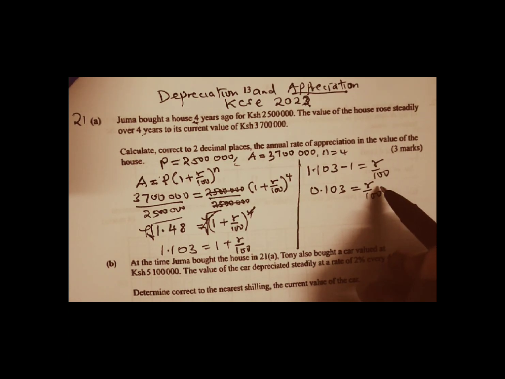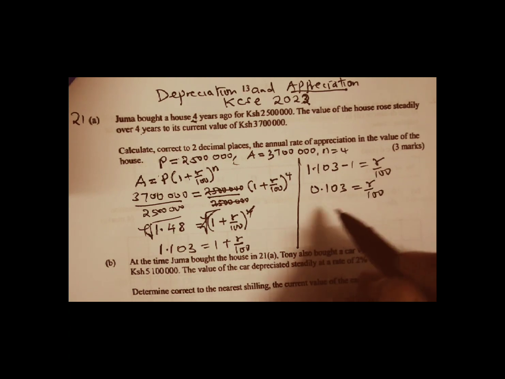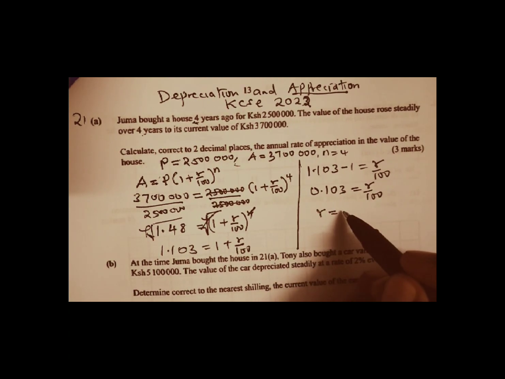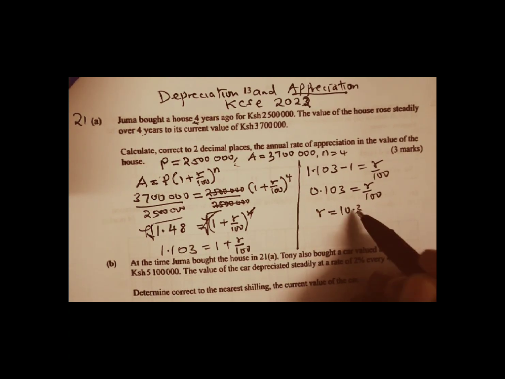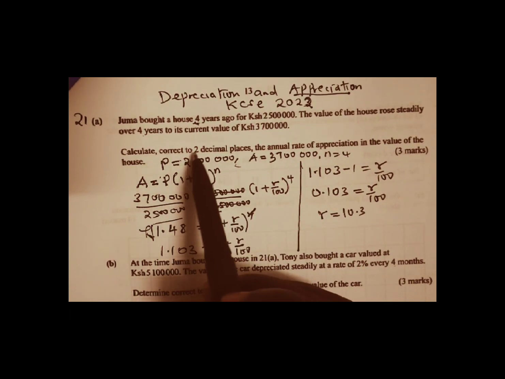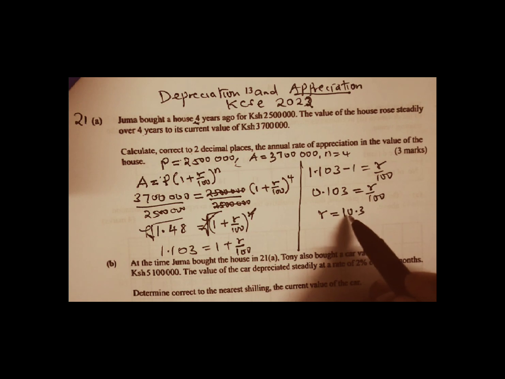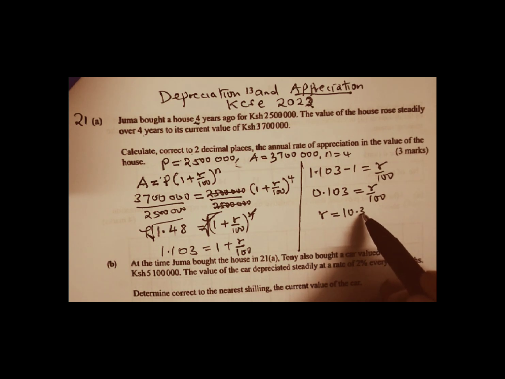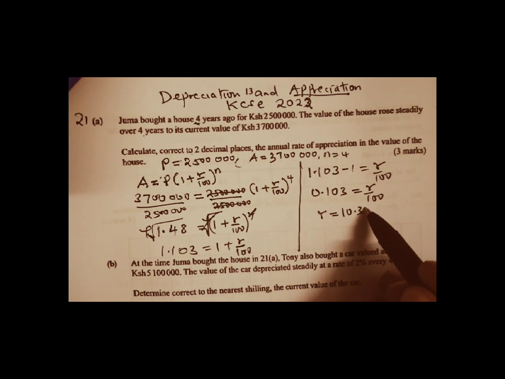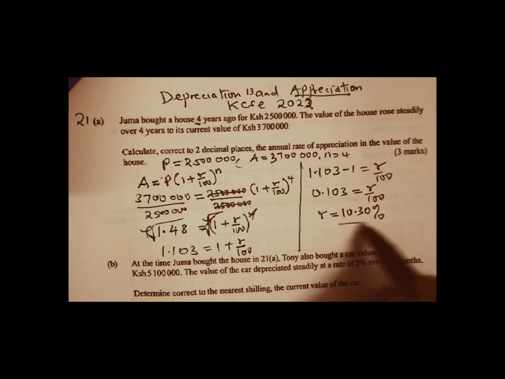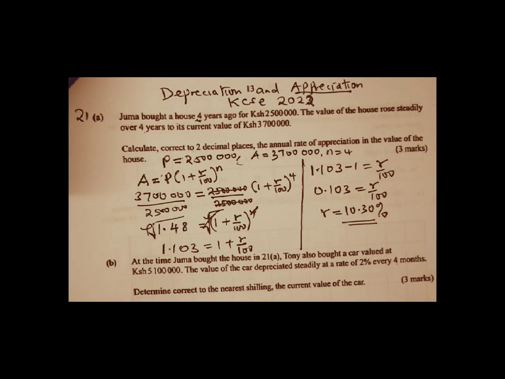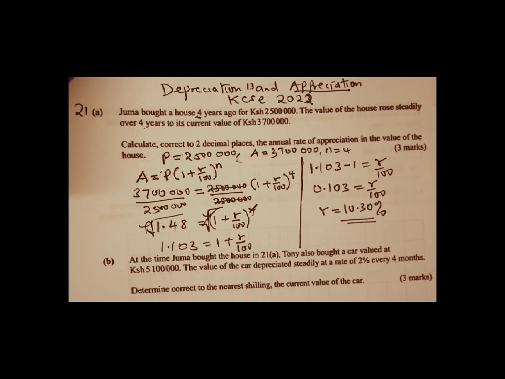If you multiply by 100 on both sides, our r is going to be equal to 10.3. But since the question says we express the answer correct to 2 decimal places, the answer is going to be equal to 10.30% for us to earn 3 marks.